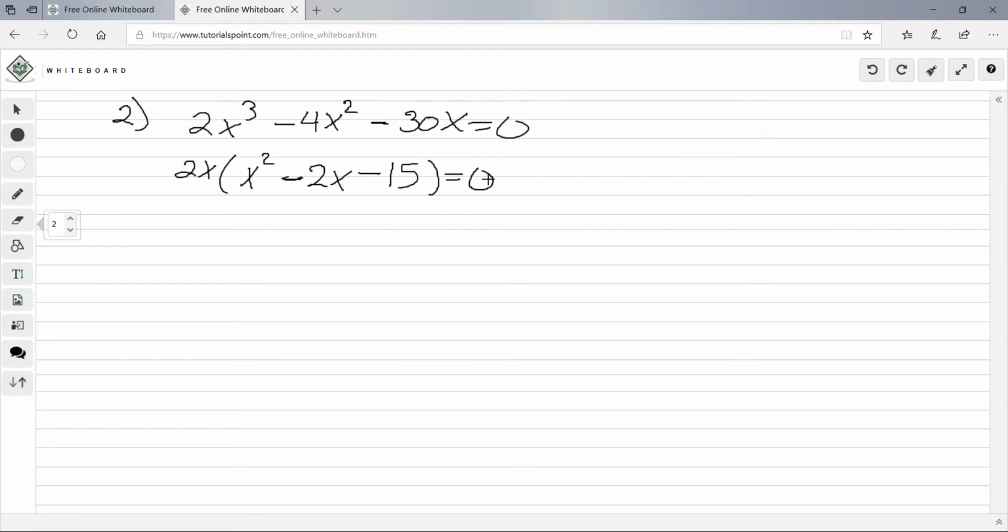And you set that to 0. So can this be factored even more? Yes. And don't forget the 2x as well. So when we're factoring this, we want two numbers that when multiplied give you negative 15, and when added give you negative 2, right?